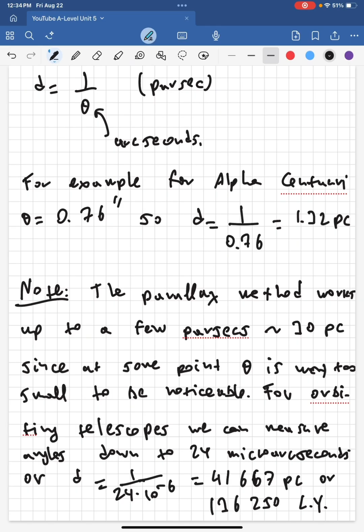But I forgot to mention that about 100,000 light years is the diameter of the Milky Way, for example, our galaxy. So within our galaxy, the parallax method works for stars that are close to us. For stars that are really far away, you can use an orbiting telescope.